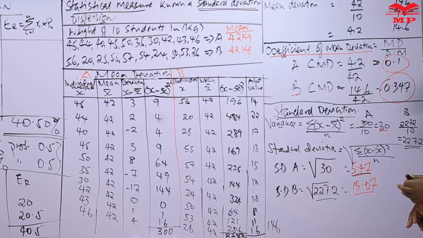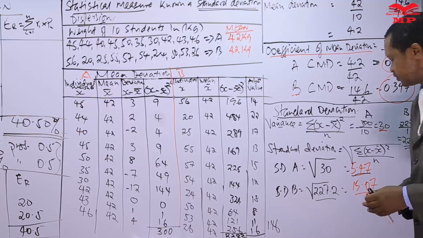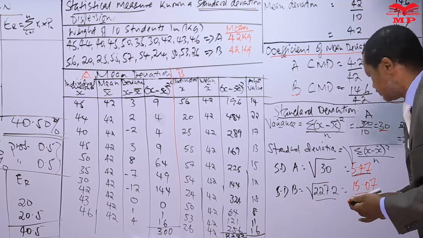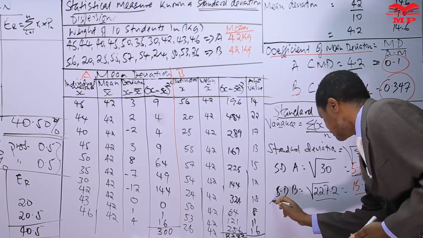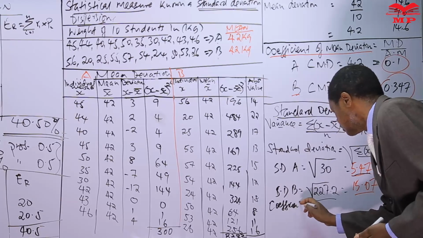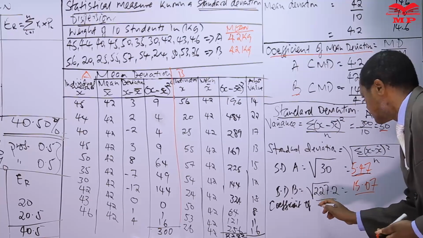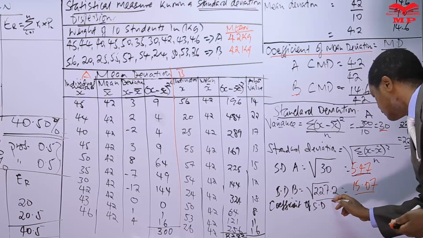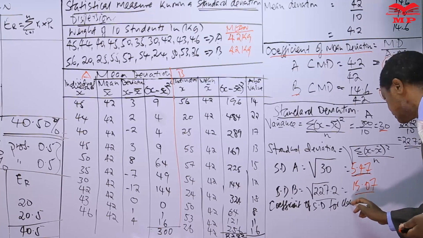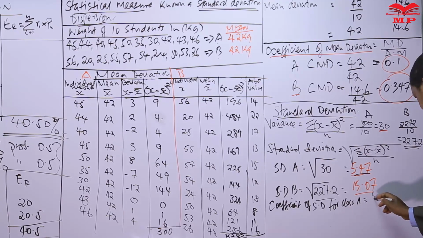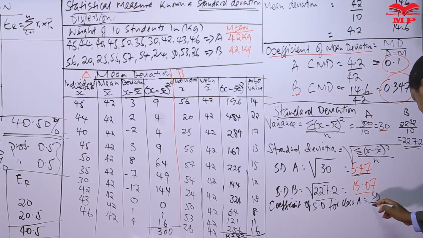So in this case, the coefficient of standard deviation for class A would be the standard deviation over the mean.